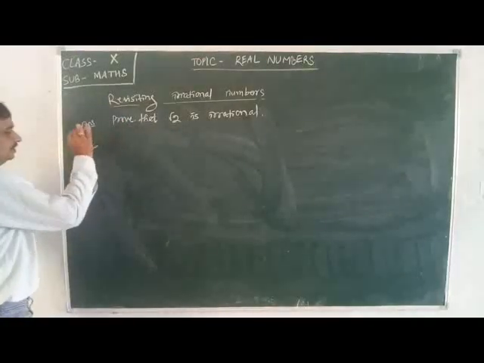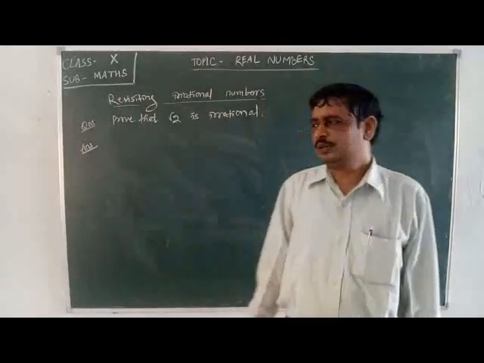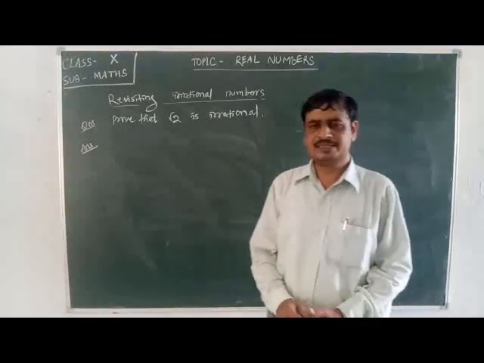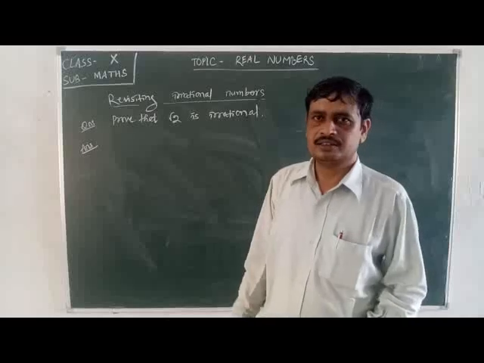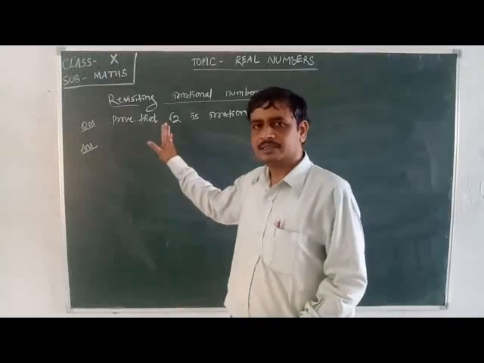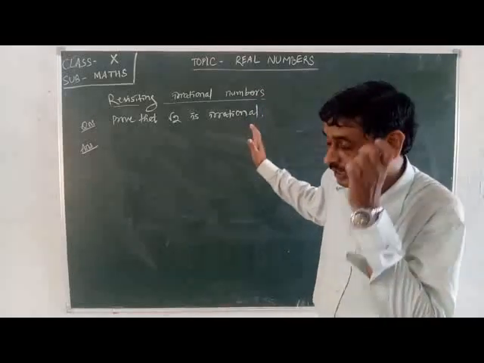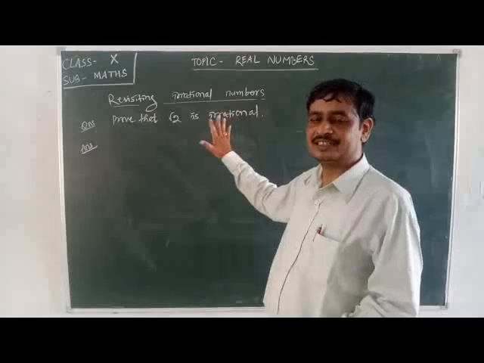How to prove it? In this case, we have to follow the contradiction method. Contradiction method means first we have to assume the number to be something which is just opposite of what is given.